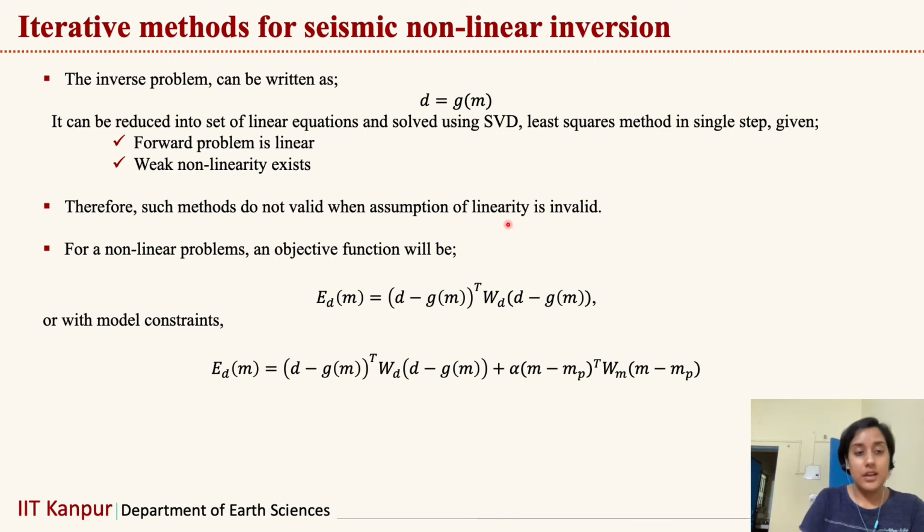In that scenario, our non-linear objective function can be written in this form, where WD is another weighting parameter, and if we apply the model constraint as I discussed in the regularization slide, our objective function gets modified, and this is the complete objective function. This complete objective function can be minimized using an optimization process.